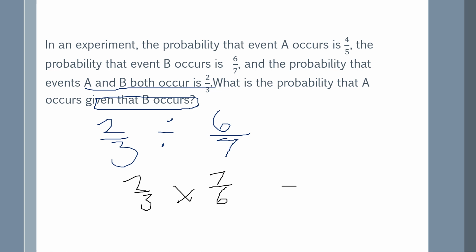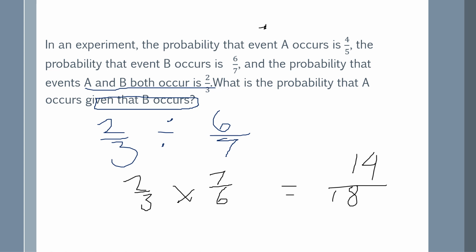3 times 6 equals 18. 2 times 7 is 14. So 14 over 18. You put that in the calculator, you should get some decimal. Make sure you put it to the hundredths place, so it's going to be 2 numbers behind the decimal point.